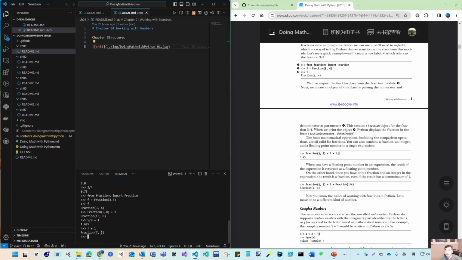So that is the way Python will treat this as our data type. So type F is the class fractions.Fraction. That is what we load. We load the fractions library and load the Fraction class.